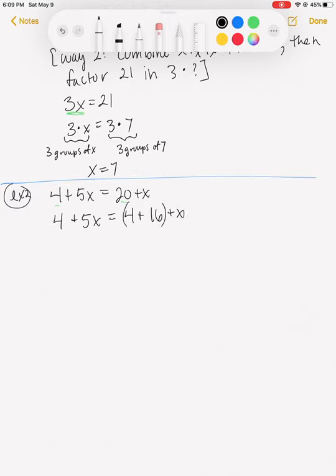Okay. And then I can go ahead and cancel off things from the sides here. So the 4s can cancel here. And what I'll have is 5x equals 16 plus x. Okay.